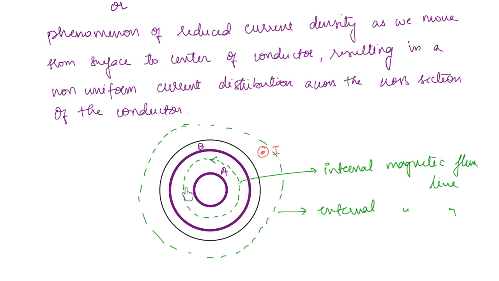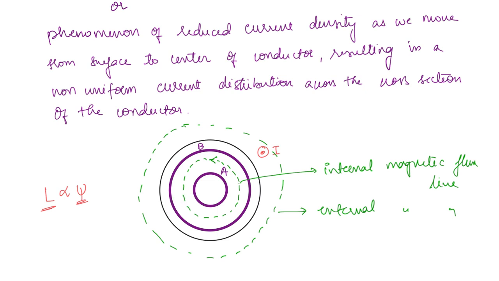Still farther away, still reduction. In that way, from the center to the surface, there is going to be a reduction in the amount of flux linkage. When there is a reduction in flux linkage, what will happen to the inductance? The inductance is proportional to the flux linkage. L is equal to phi by I. We will see that later. So when the flux linkage is reducing, the inductance is also reducing.